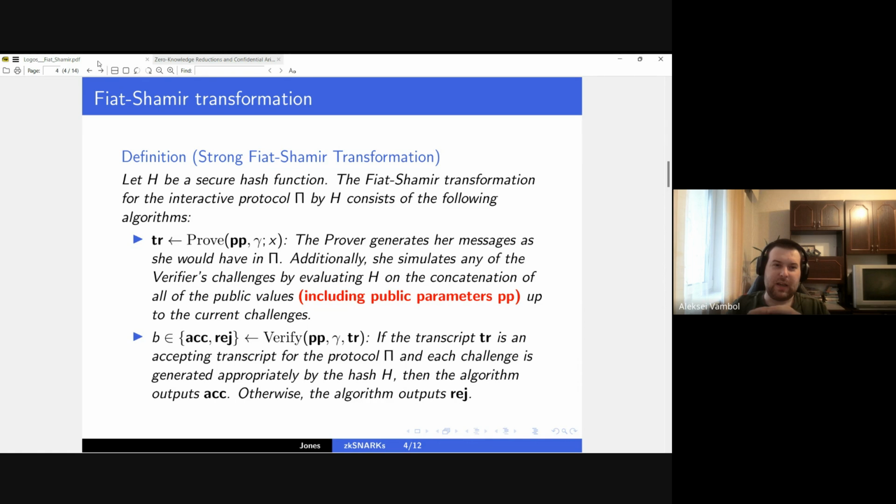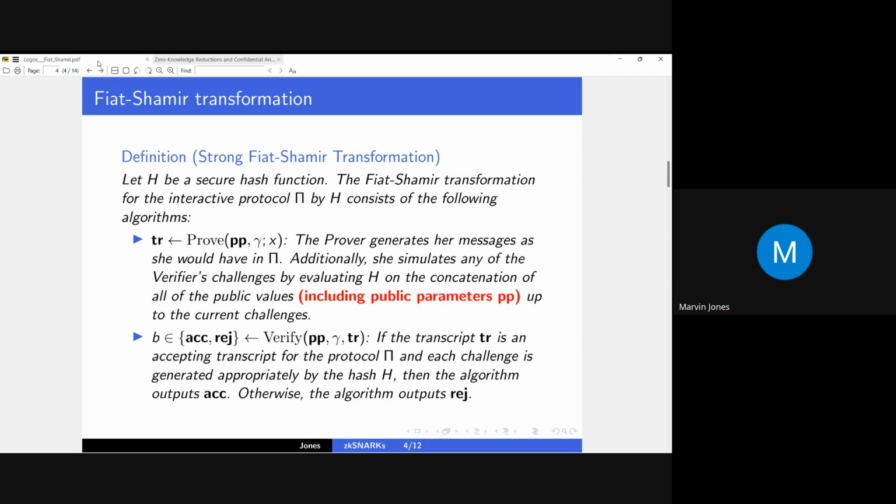So, having the term strong Fiat-Shamir transformation is completely sufficient to eliminate the ambiguity between including and not including. It is, however, people usually just say Fiat-Shamir, and that's the problem.